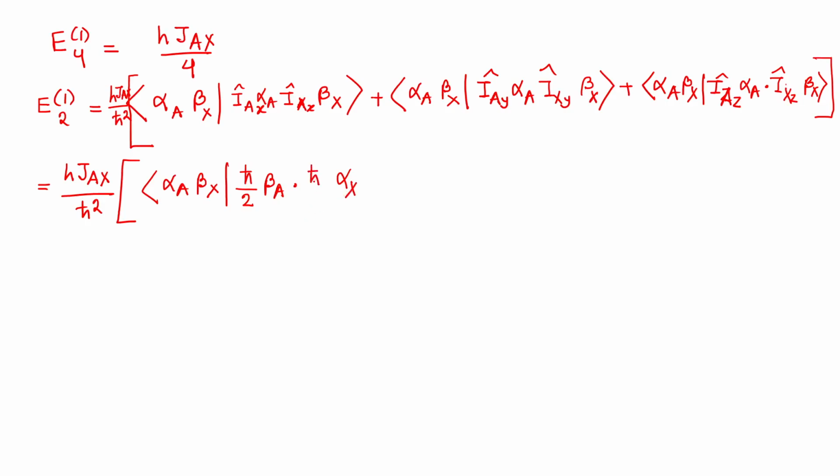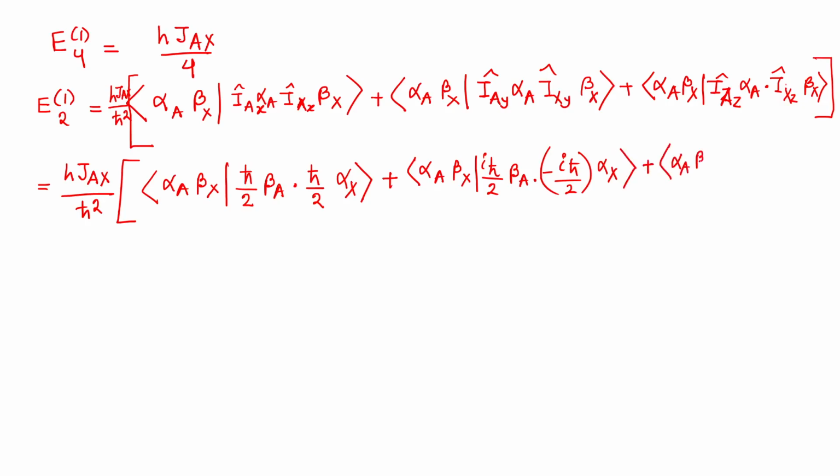With h cut by 2. And similarly, alpha A beta X. Alpha A operating on this, i h cut by 2 beta A, and this actually due to minus i h cut by 2, right, alpha X.